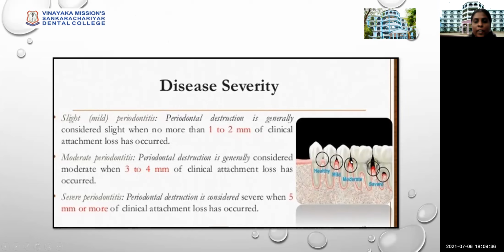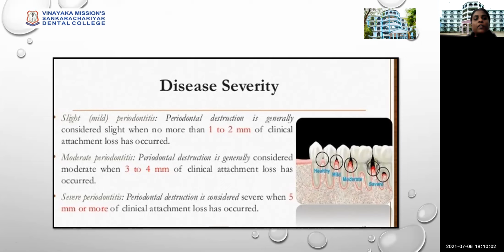Can you see the rate of attachment and bone loss here? Can you see the round circle there? In slight periodontitis, there is only 1 to 2 mm of clinical attachment loss. In moderate, 3 to 4 mm of clinical attachment loss, and in severe, when 5 mm or more of clinical attachment loss has occurred, you call it severe periodontitis.